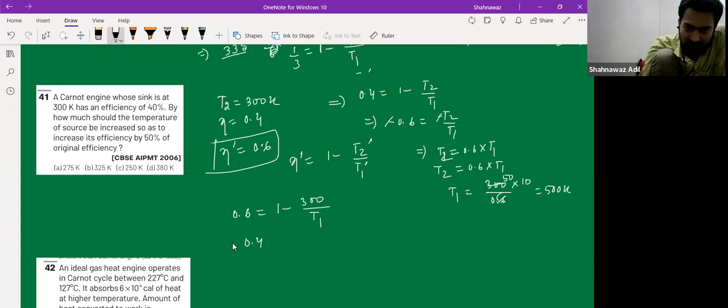0.4, okay, minus 300 by T1. So this would be how much? 300 divided by 0.4. Right, so this would be how much? So 2, 5, and then so this is okay.